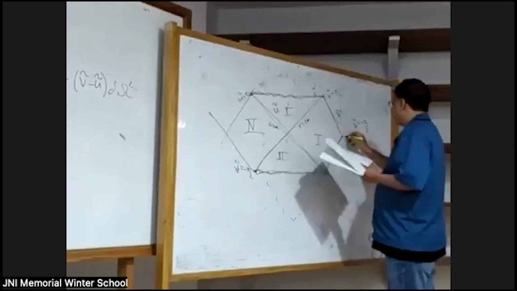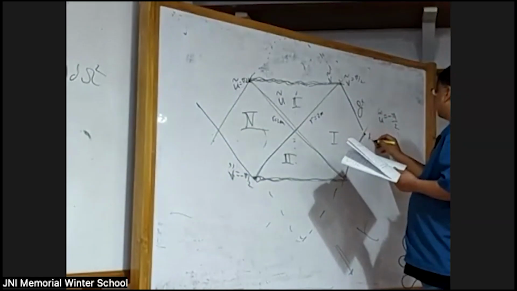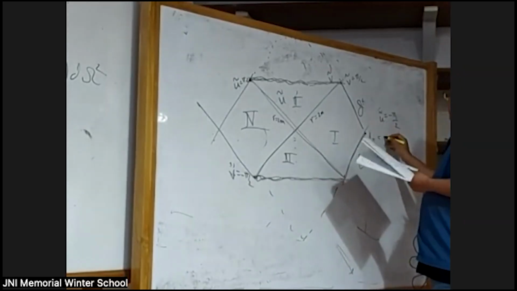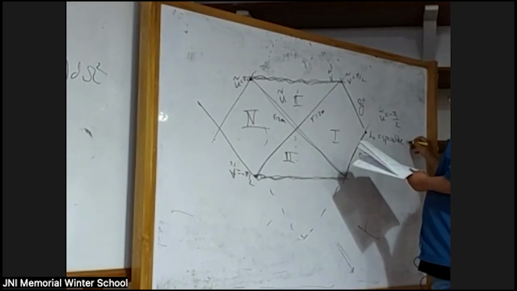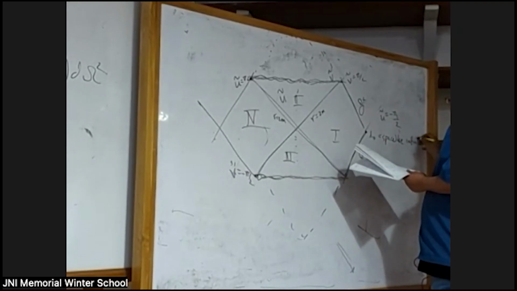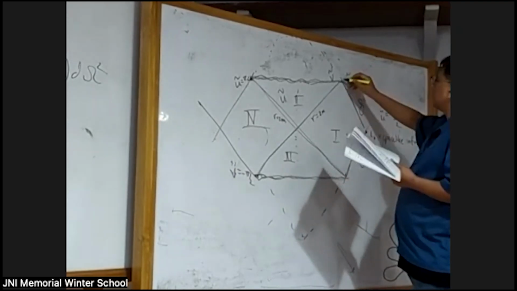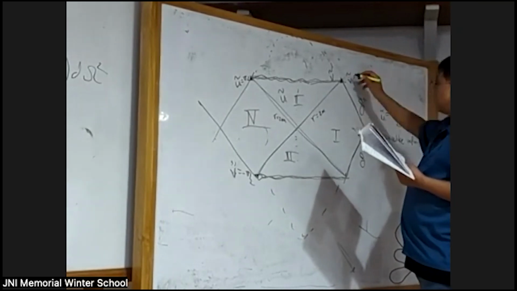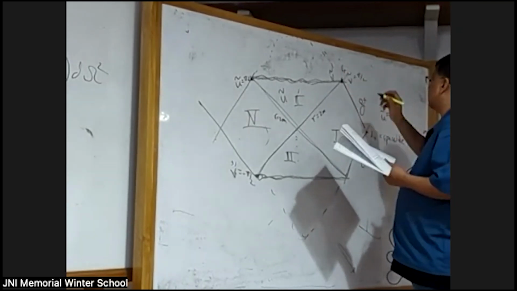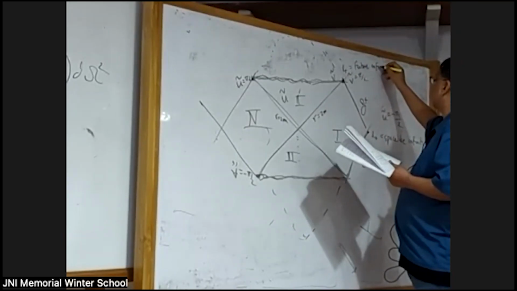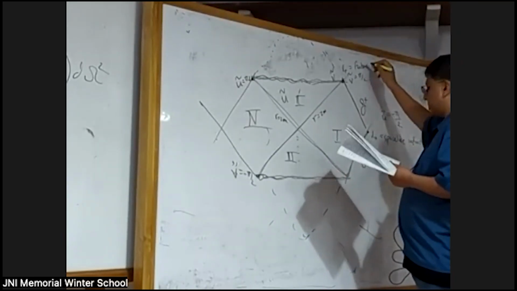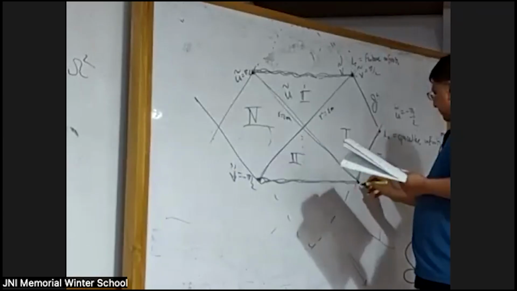This we call spacelike infinity, I 0. This is labeled I plus, called future infinity. And this is called past infinity, I minus.